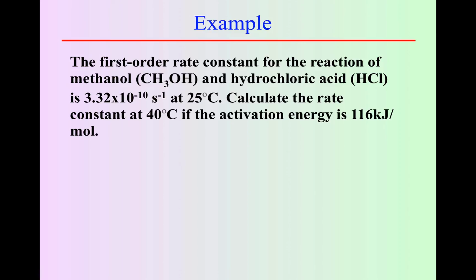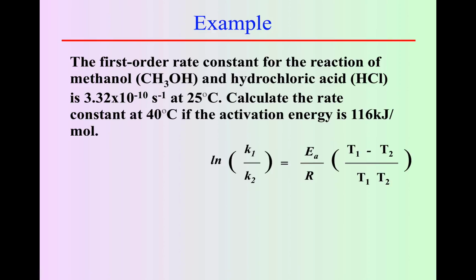So for a first order rate constant, we have a K value of 3.32 times 10 to the minus 10 per second at 25 degrees Celsius. Calculate the rate constant at a higher temperature. Right? So if we know what the rate constant is at one temperature and we know what the activation energy is, I can plug in and find out what the rate constant is at the new temperature.